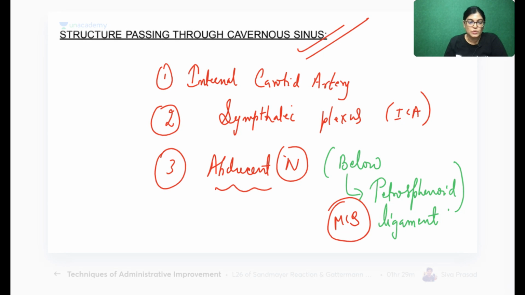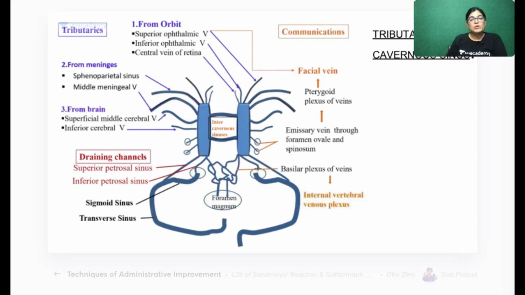Again, important for MCQ. Now coming to tributaries of the cavernous sinus. I would like to describe this diagram where you can appreciate the tributaries and the communications. My dear aspirants, there are three sources of direct tributaries of the cavernous sinus.